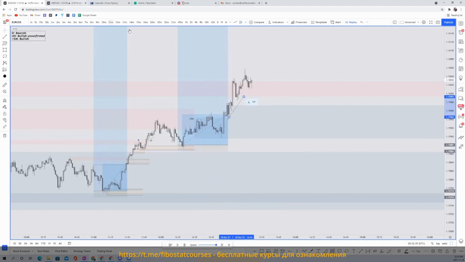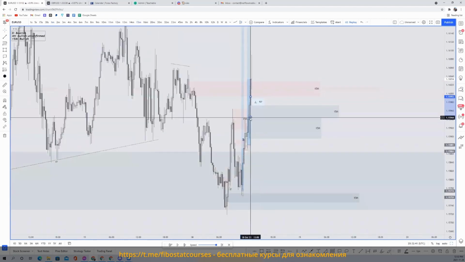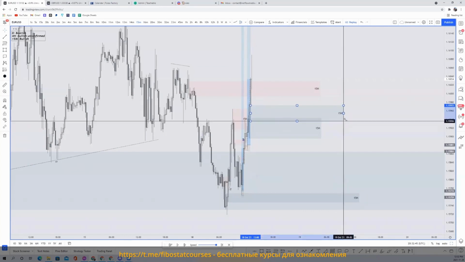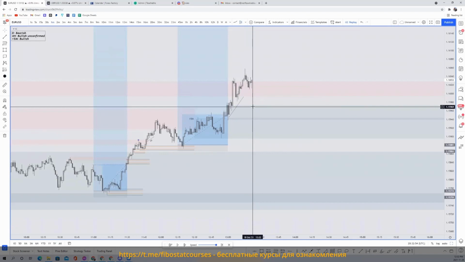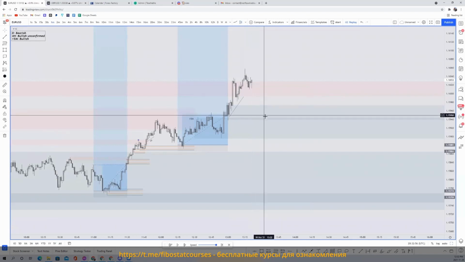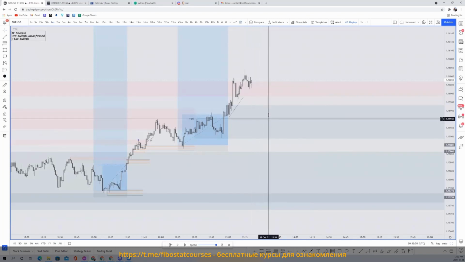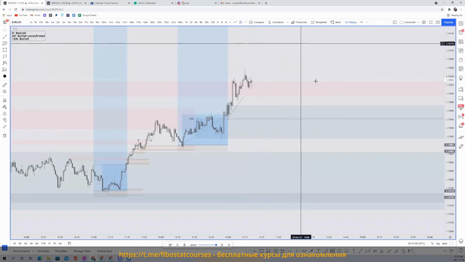It's kind of hard to distinguish these. I'm just going to overlap a bit so we can see that that's two different POIs. Both of these are valid, like I said. And what you're going to find a lot of times too is it'll tap one, go up, come back down.